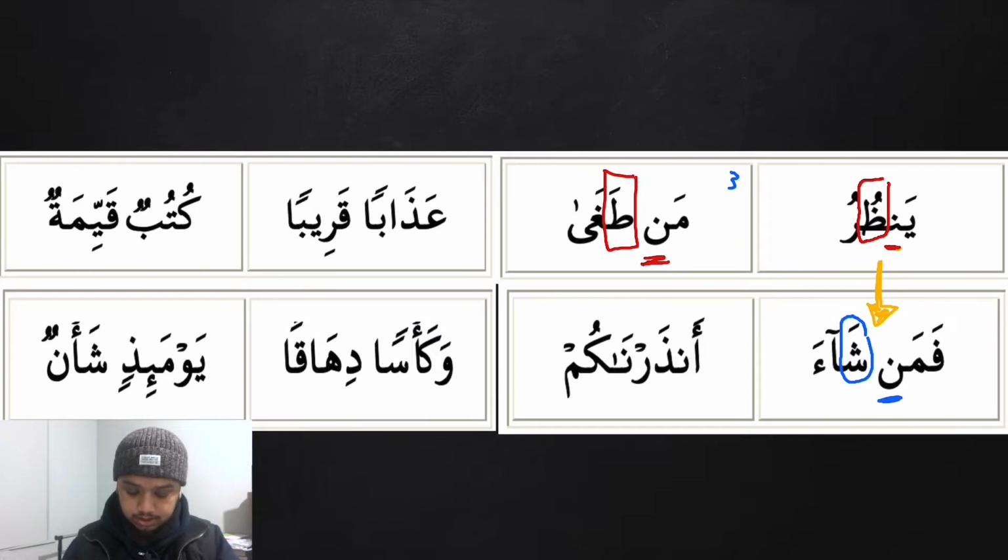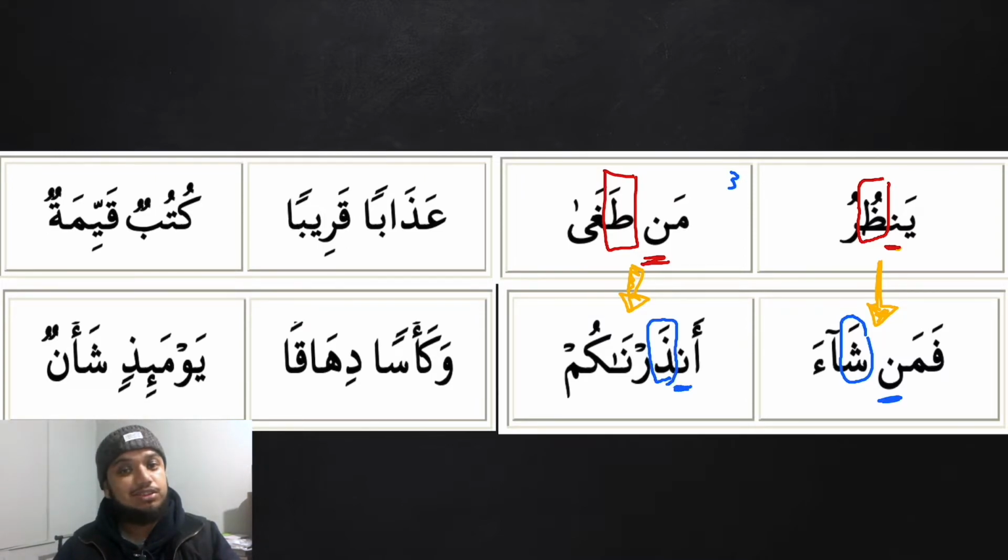Now if we look at the example below, we have an example with a light letter. In man tagha, the ta was full mouth, so the ghunna was full mouth. In the next example, أنذرناكم, we have a noon sakina here followed by a dhal.